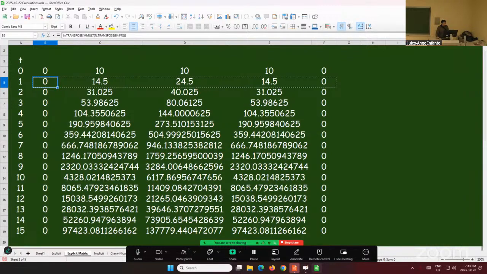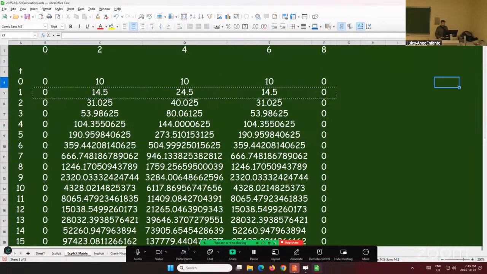Oops, that doesn't look right. Wrong. It's supposed to be going down, right? Not going up.